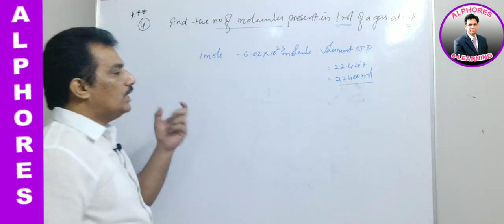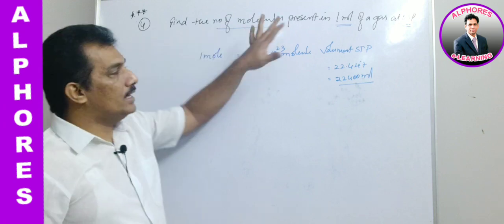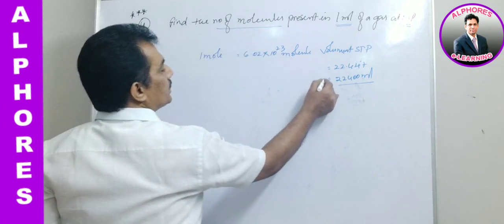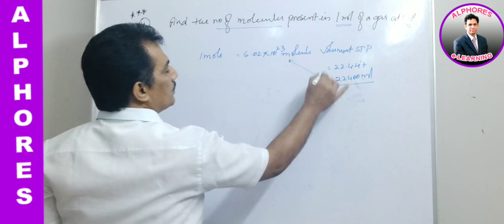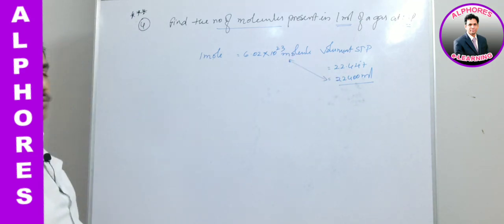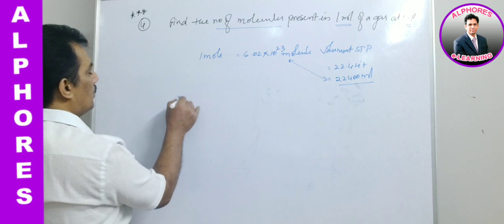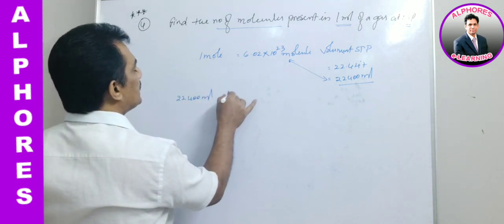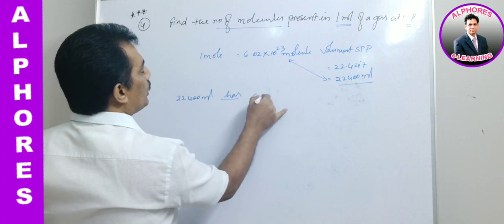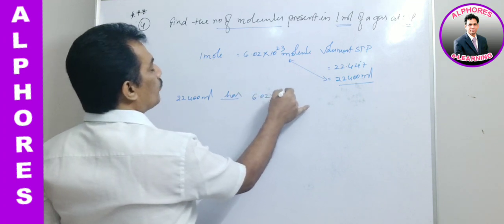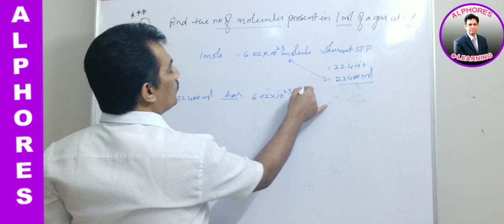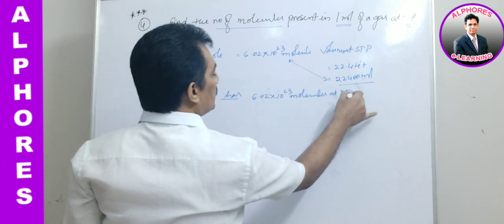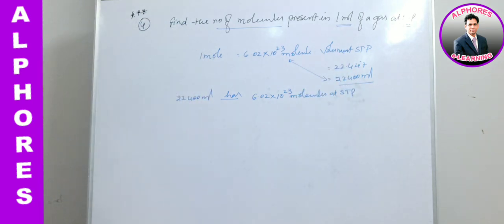Now how we can use this concept for finding the number of molecules present in 1 ml? Just we know this is the relation. 22,400 ml has 6.02 into 10 to the power of 23 molecules at STP. Is it not?